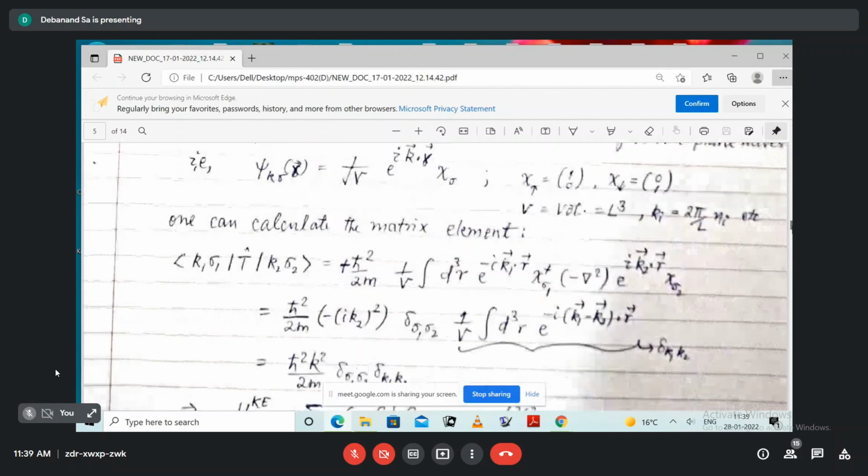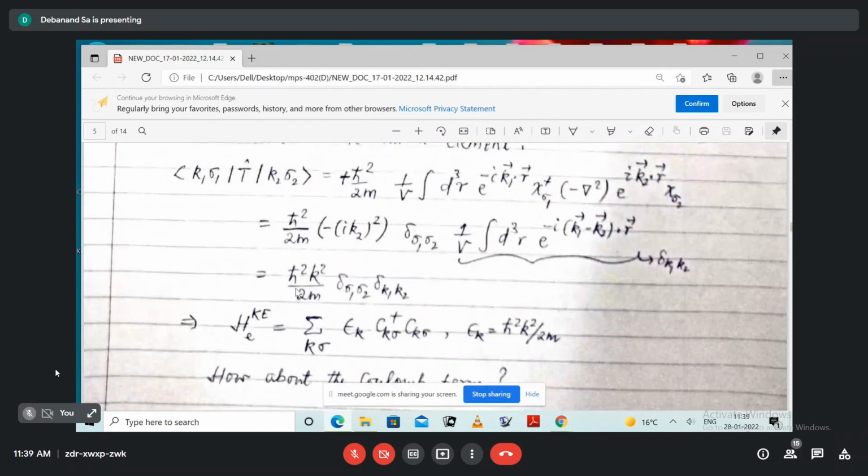You put this value in place of the matrix element, and then the two sums, the k2 and sigma 2 sums, will be thrown away by this, and you'll have only epsilon k ck sigma dagger ck sigma. Now, I have put the kinetic energy term in terms of a pure second quantized Hamiltonian, in terms of creation and annihilation operators. Do you understand this? Whatever I have done.